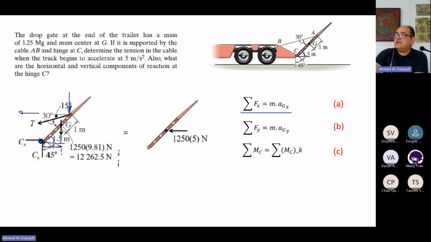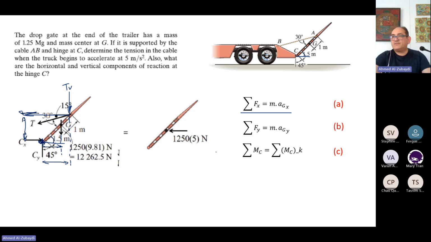Then we have the vertical force of the T multiplied by that distance. Both are going in the clockwise direction, and thus it's going to be a negative value. Now the horizontal component of the T is multiplied by that height, and this will be a positive value.